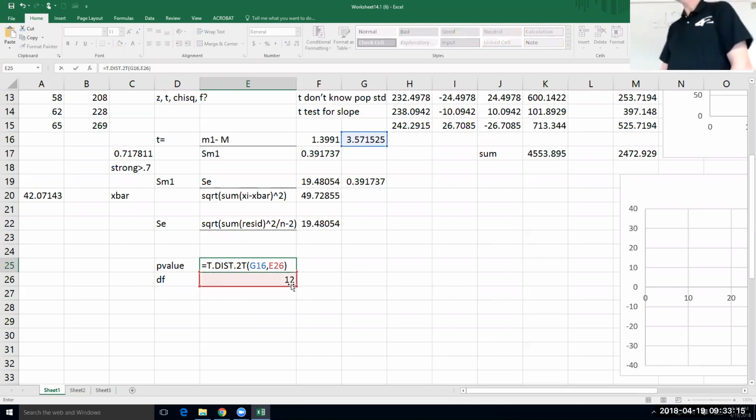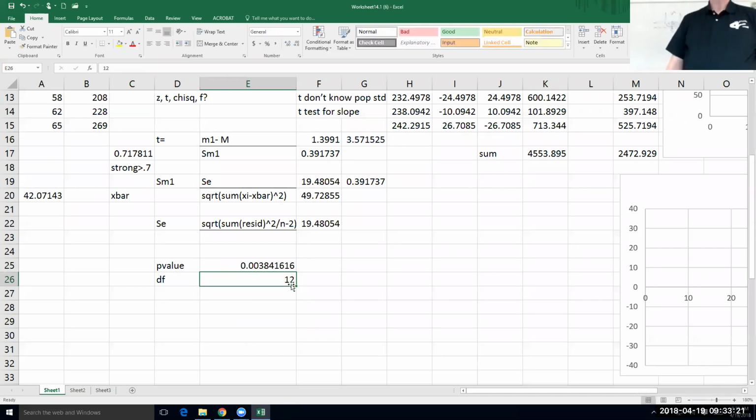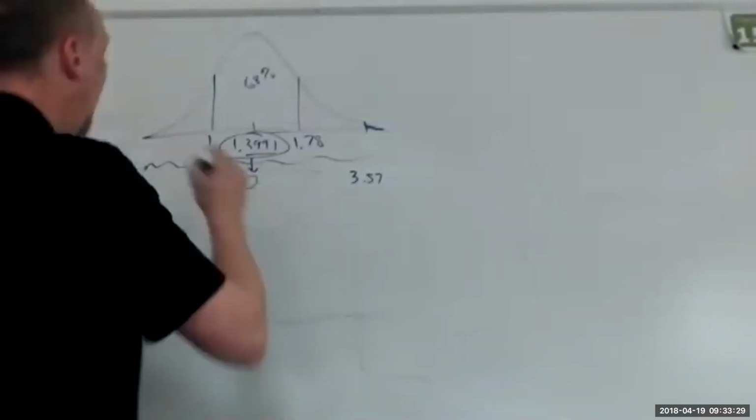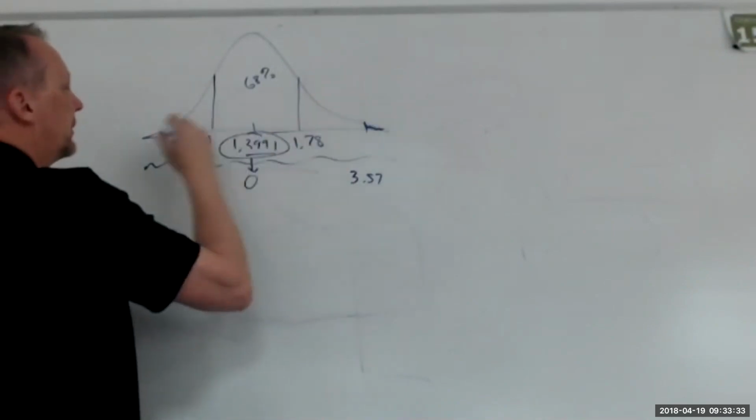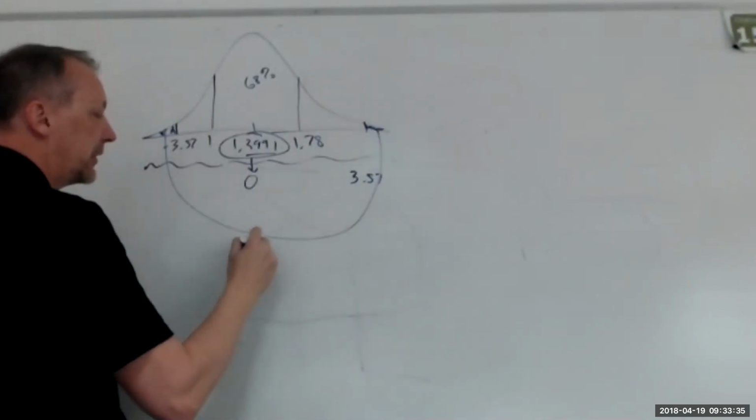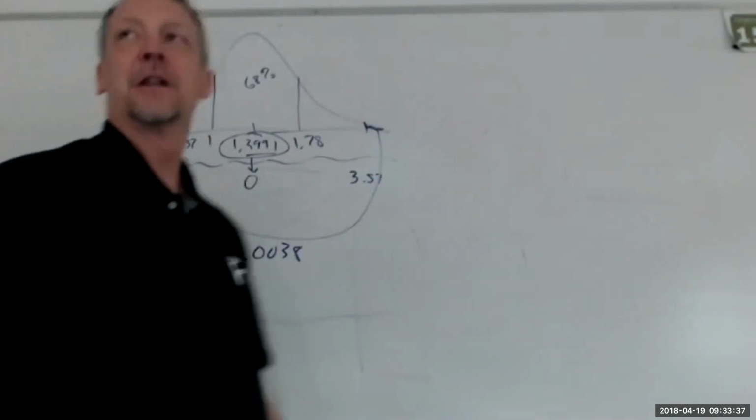Luckily, that's positive. If it was negative, I'd just make it positive so that it would work for Excel. I got 0.0038. Let me correct my picture. I need to add negative 3.57 in here too. Between those two areas, it's 0.0038.